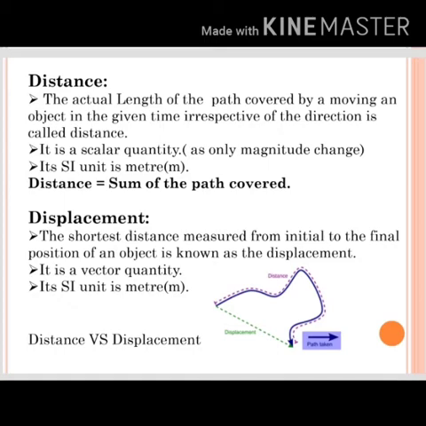The initial and final points are the same, so there is no change in position. So displacement is 0. Displacement may decrease. And fifth point, it may be positive, it may be negative, or it can be 0.